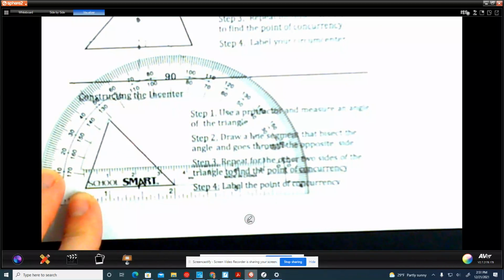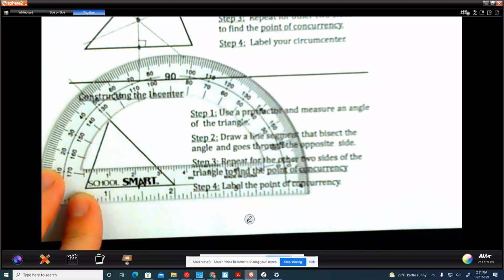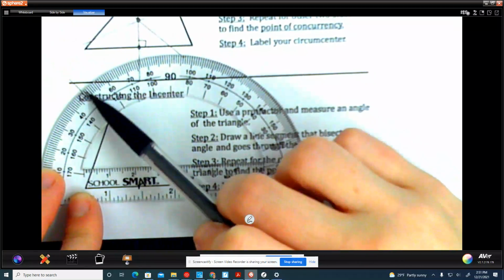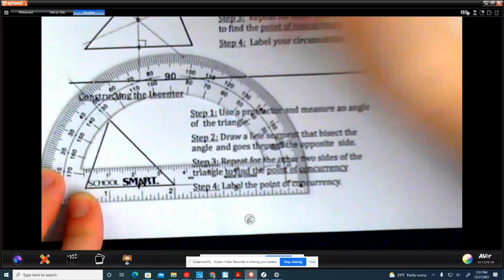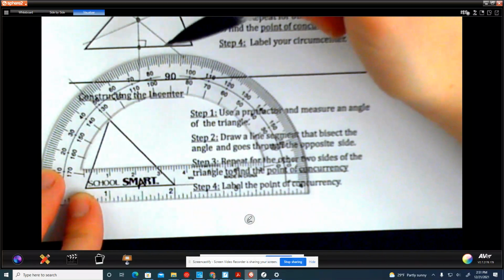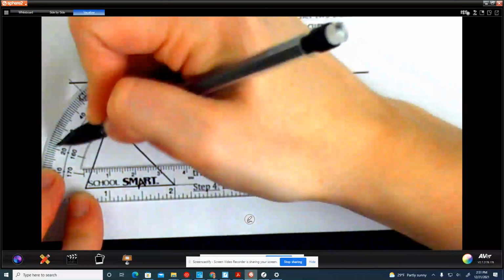What do you guys think? About 48, 49? I'm reading these numbers over here. I'm doing the bottom right-hand corner one. Do you agree? Yeah. Okay. So I got to do a little bit of math here. We're gonna bisect this in half. So what's half of 48? 24.